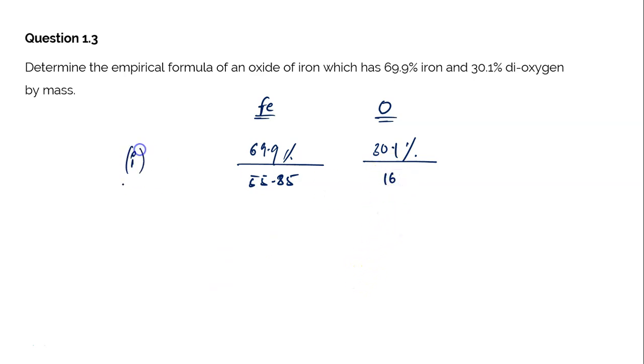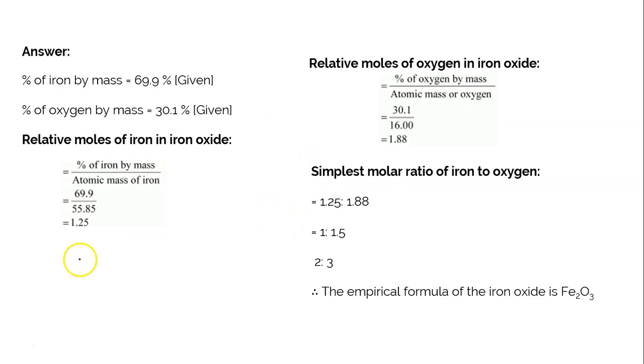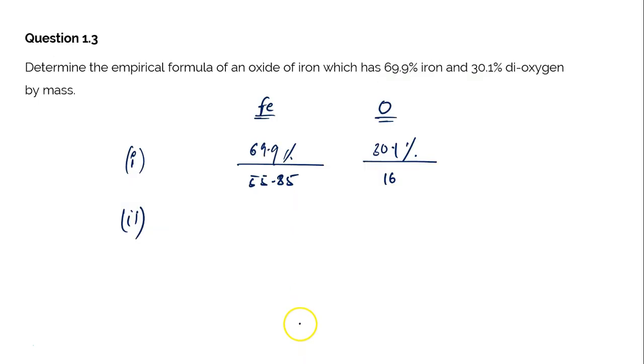So I'm identifying the mass percentages that are given and dividing them by the atomic masses of those particular elements. Since you're taking the division, you have to simplify it. Once you simplify, the values that you obtain are 1.25 and 1.88 respectively. Here you have 1.25, here you have 1.88.